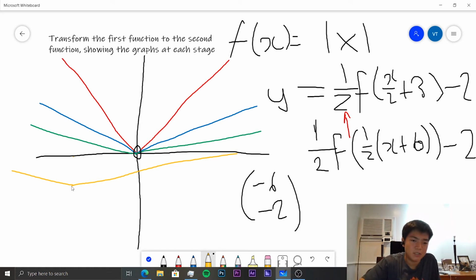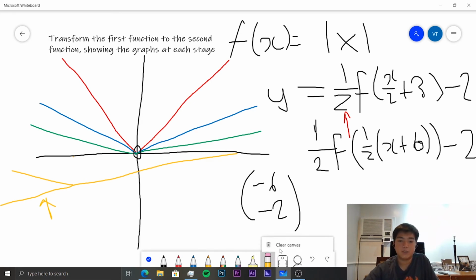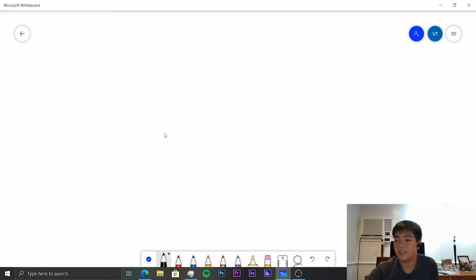I think the mark scheme has just forgotten about the absolute value, and so they've just made this line continue traveling downwards, which I think is incorrect, because it should be going back up technically. Okay. So that was it for the first question, and on to the final question.